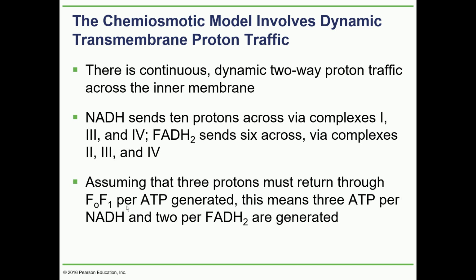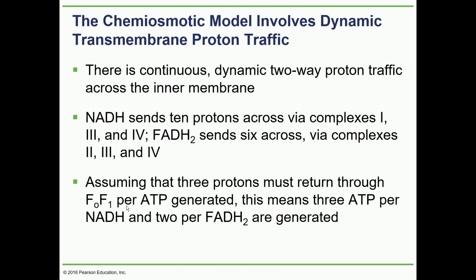So when around 10 protons are being pumped by the passing of electrons by NADH through the electron transport chain, around 3 molecules of ATP will be produced, because 3 protons can produce 1 ATP.